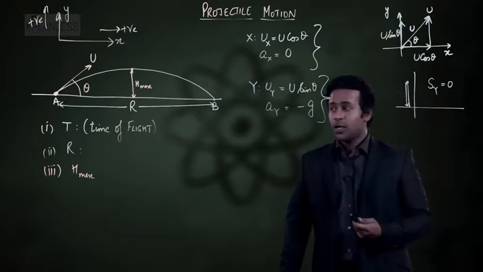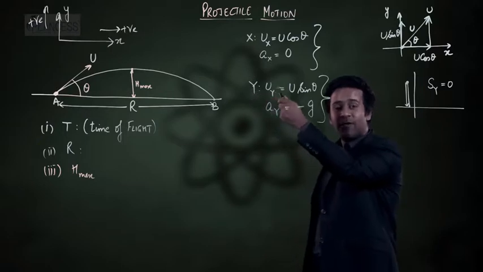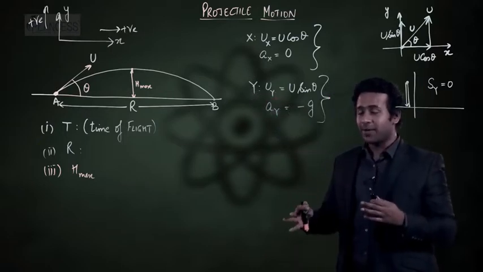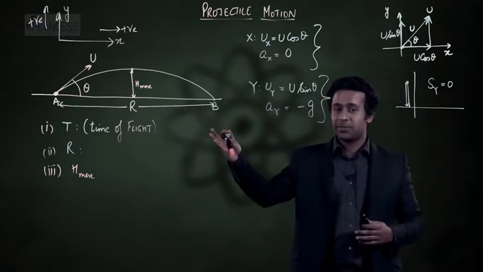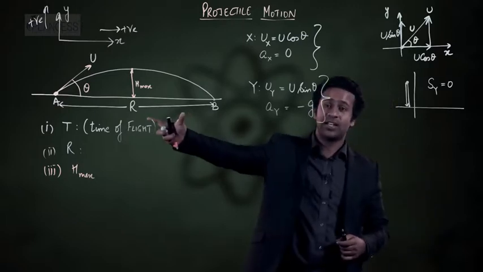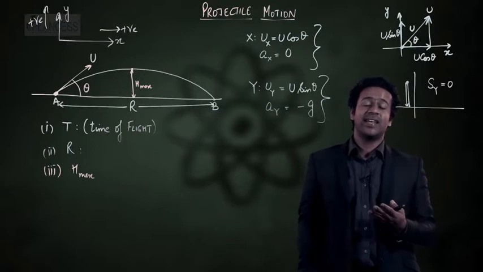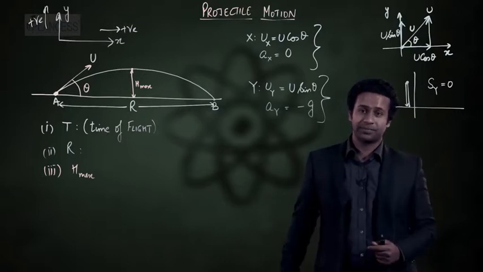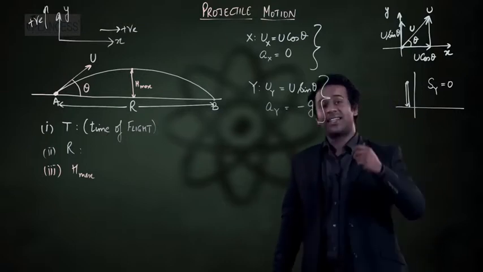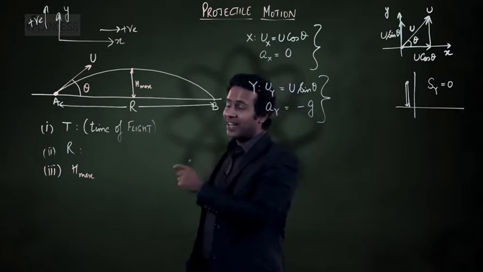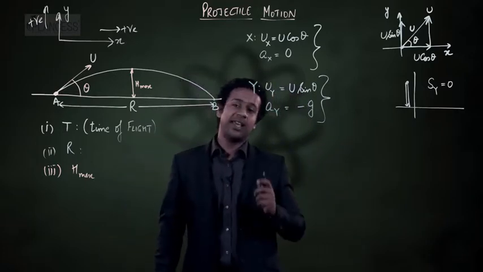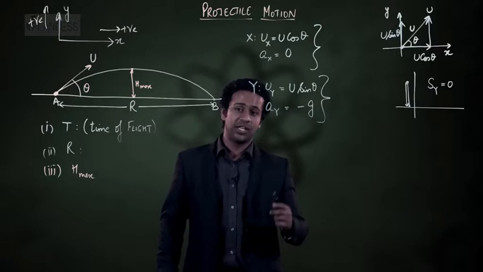Right? So when it was launched and when it falls back, during this time, it does have some displacement along x, which is actually the range of this projectile. But along y, it has witnessed 0 displacement. Right? So at the time of flight, at the time when it reaches back, the displacement along y becomes 0.